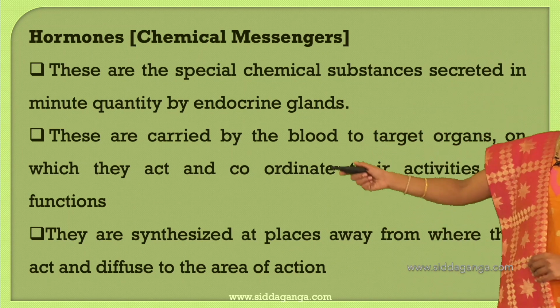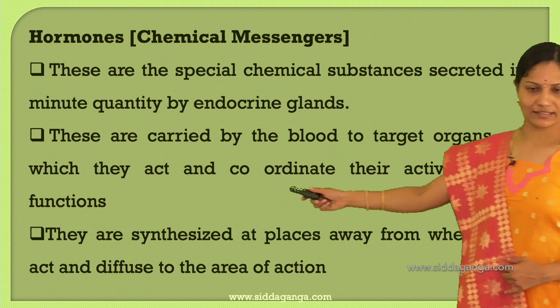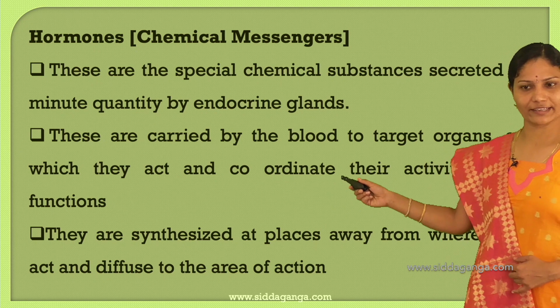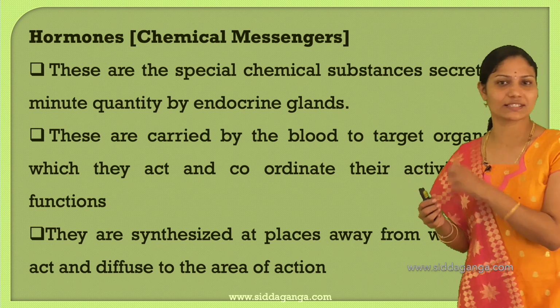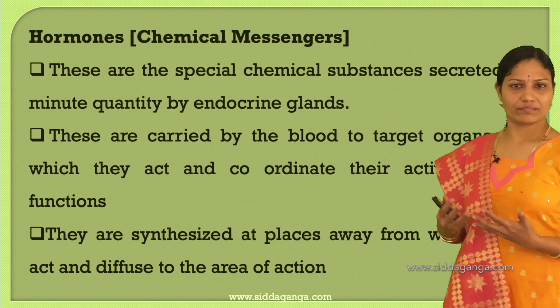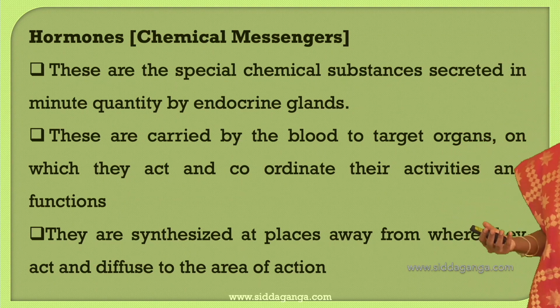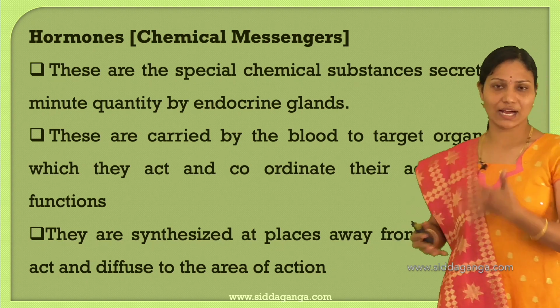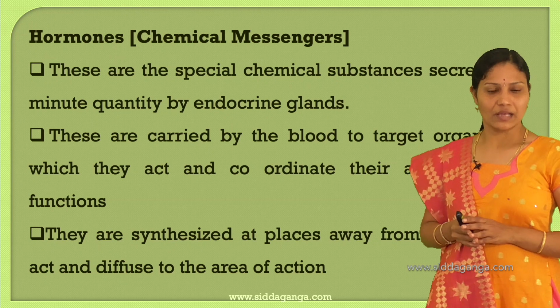These are carried by blood to the target organs on which they act and coordinate their activities and functions. Target organs receive this information, and upon receiving it, they know what to do, how to act, what functions and activities are to be carried out. So this is all about the endocrine system.